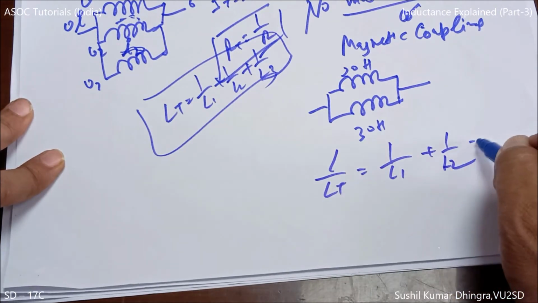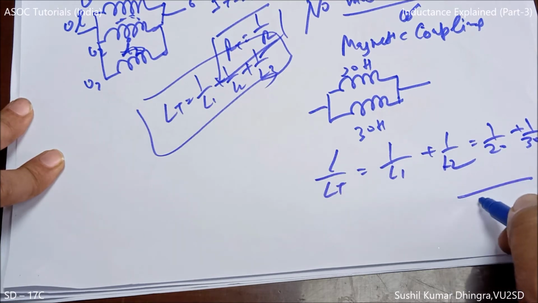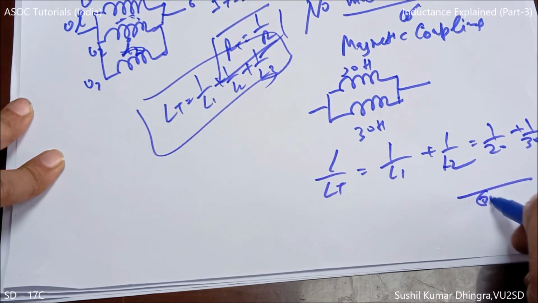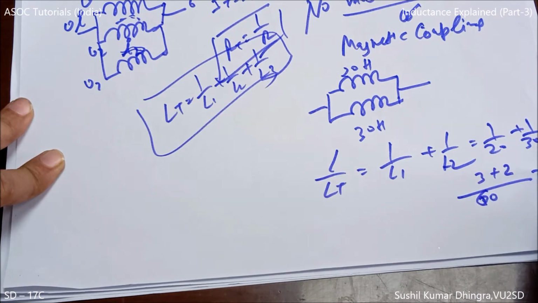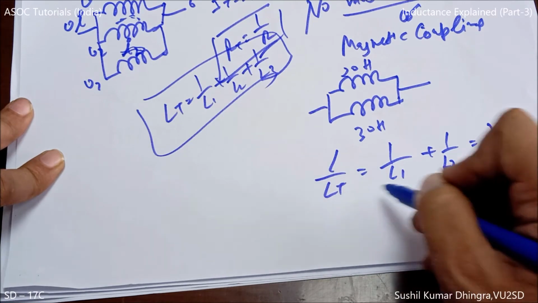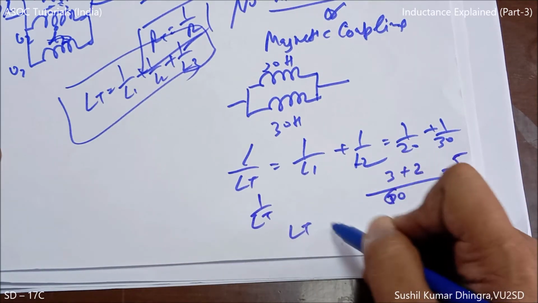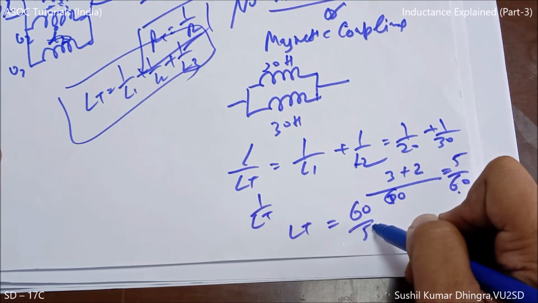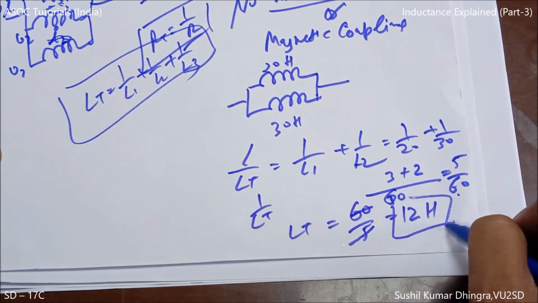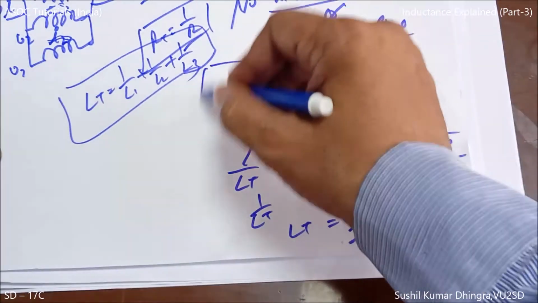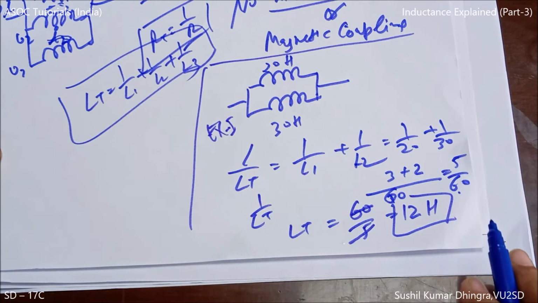So this will be 1 by 20 plus 1 by 30. Take the common LCM, 60. So this will come as 3, this will come as 2, equal to 5 by 60. But this is 1 by LT. I need LT, so LT will be 60 divided by 5, which is 12 Henry. This will be the answer because they are all in Henry. This is a simple example in parallel, like you have done in the resistance case.